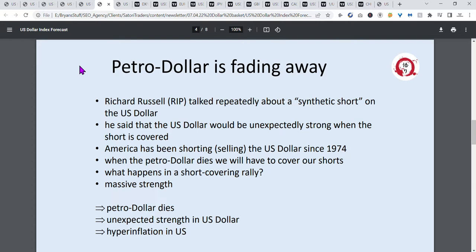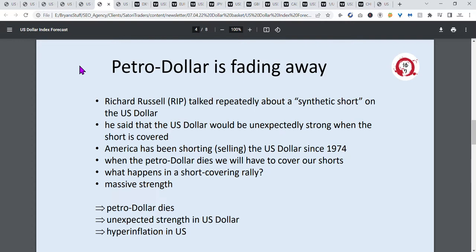My thinking, I was able to tie together some thoughts this morning. Richard Russell, rest in peace, Richard. I consider him one of my mentors. I subscribed to his newsletter for a long time till he passed away. He always talked about a synthetic short on the US dollar, and it never really made sense to me.